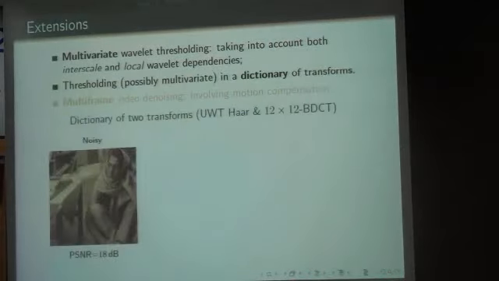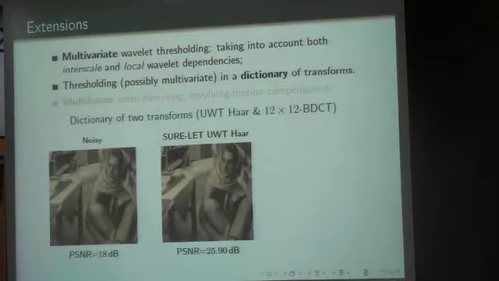Then for some images we can use dictionaries of transforms. There is nothing that says that we should use only a wavelet transform. We can use DCTs, etc. If we use only the Haar wavelet transform, we get a certain result for this textured image, which is not very good: 26 dBs, no more.